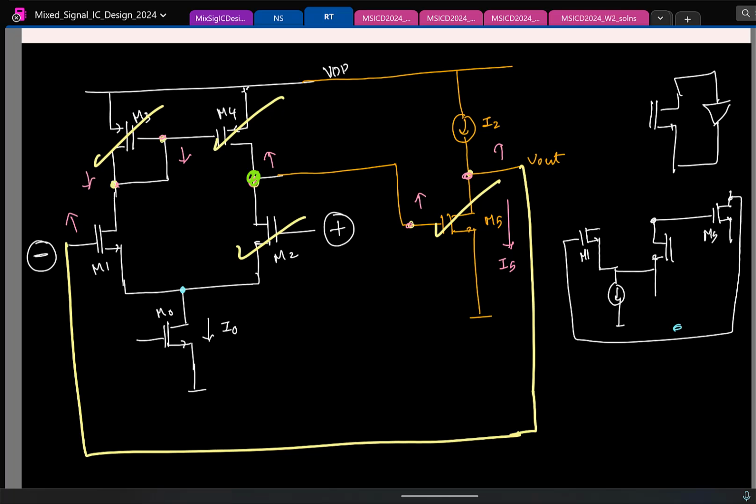And look at M1. What kind of sensing is happening for M1? I'm sensing at the drain, and this signal is sensed and amplified here. Remember, I am feeding the signal to the gate of the PMOS, taking it from the drain.